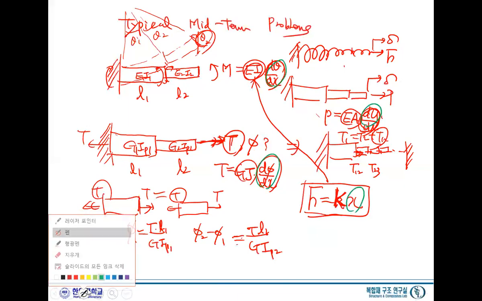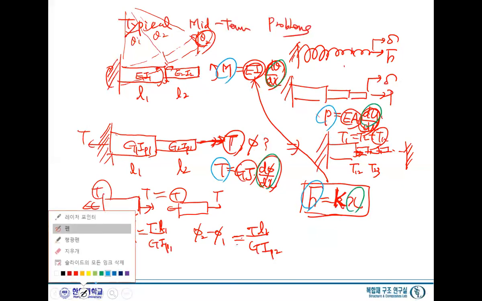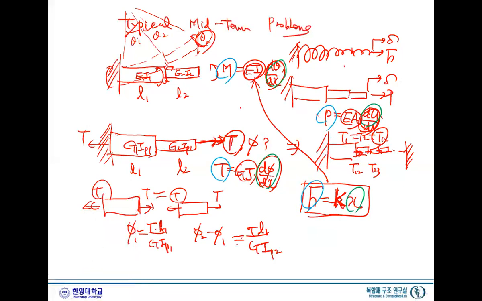And this force, moment, T, and F are the same concept as F. And stiffness, the EI or GJ or EA, is all corresponding to K. So if K is high, what does it mean? If you have a very high K, it does not extend, right?